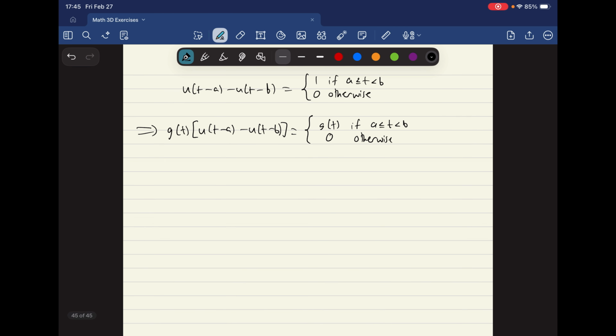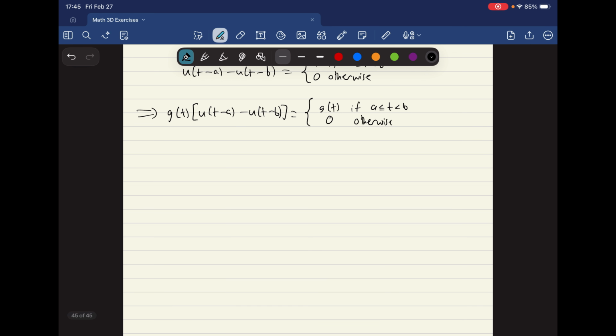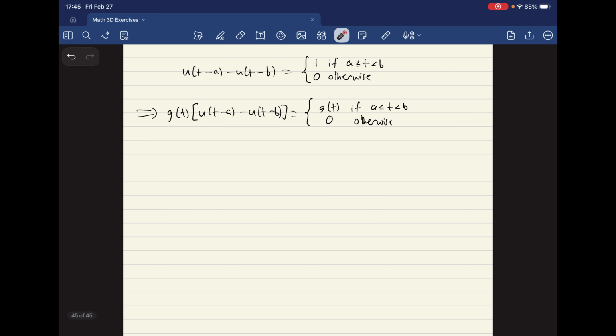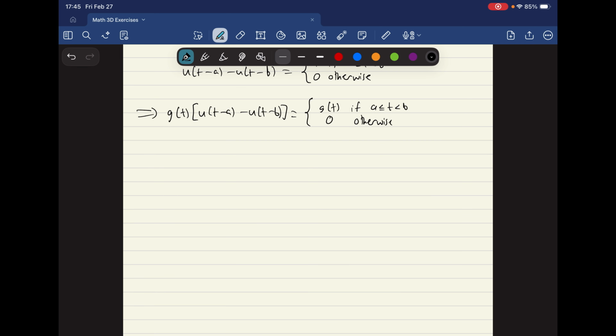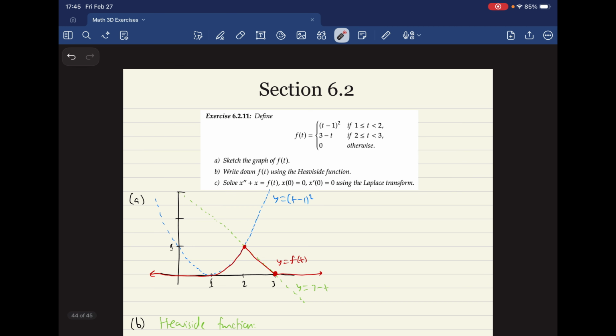But what this means is that now I can construct examples of functions that are exactly what I need them to be on whatever interval. So for example, let's go back over here, and I note that I want my function to be t minus 1 squared on this interval here.